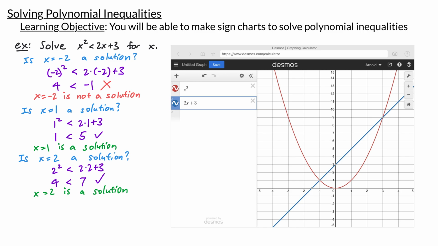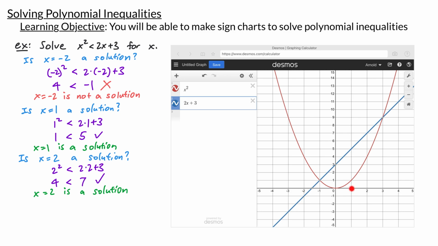Remember that the inequality is asking us when are the outputs of the x squared function smaller than the outputs of the 2x plus 3 function. And this can be interpreted as for which x values are the corresponding y values on the red x squared graph below the corresponding y values on the blue 2x plus 3 graph. Well, when x is -2, my red graph is above my blue graph, so that's why x equals -2 is not a solution.